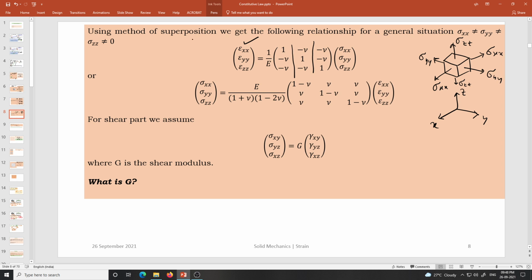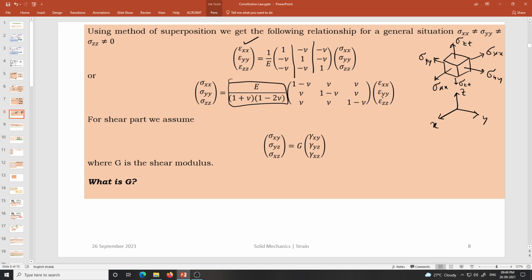If this is the compliance relationship, that means the strain-stress relationship, then the inverse relationship is known as the constitutive relation. Sigma xx, sigma yy and sigma zz can be identified as E over 1 plus nu times 1 minus 2 nu, times the big 3 by 3 matrix, times the strain.